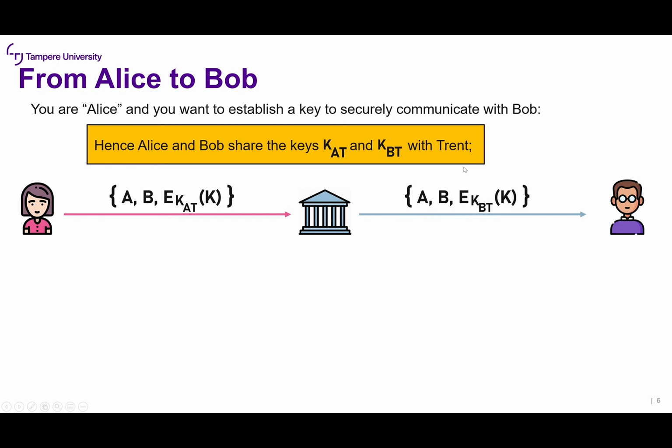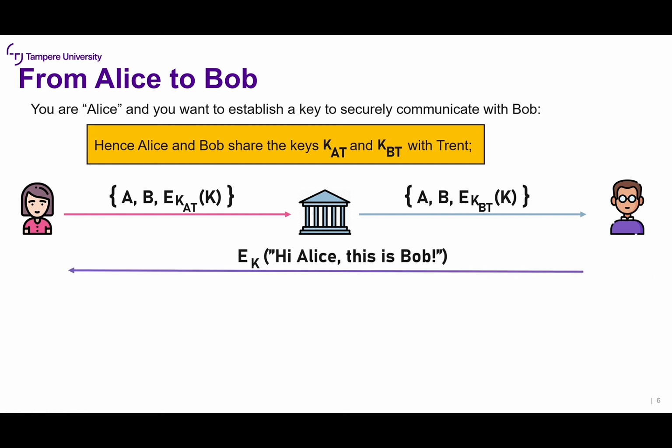Upon reception, Bob uses KBT to decrypt the last part, finds out the session key that Alice generated, and then he can use that key K to communicate with Alice securely. So he sends a message to Alice saying, "Hi Alice, this is Bob," and this message will be encrypted with K, the session key.